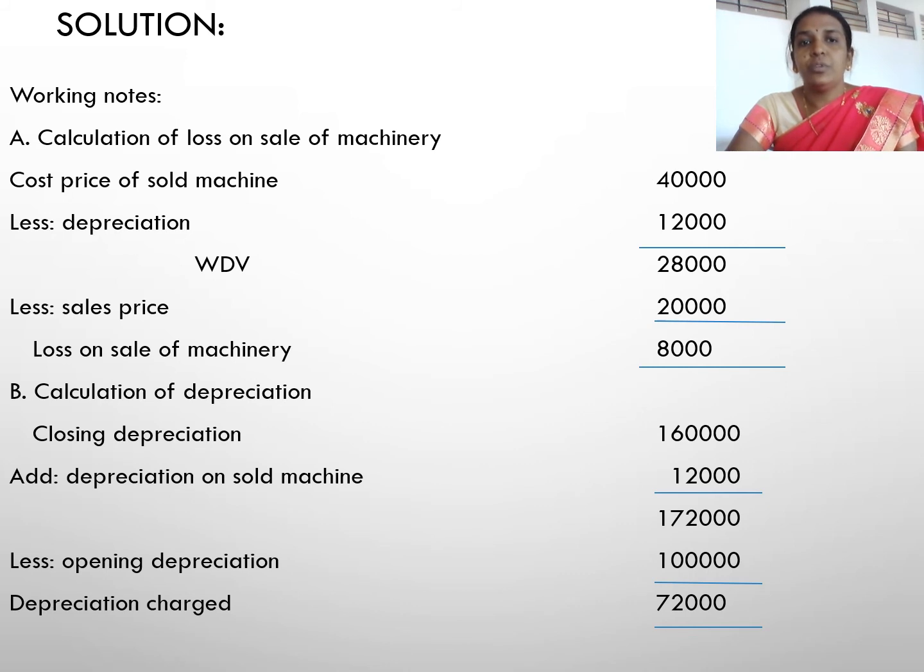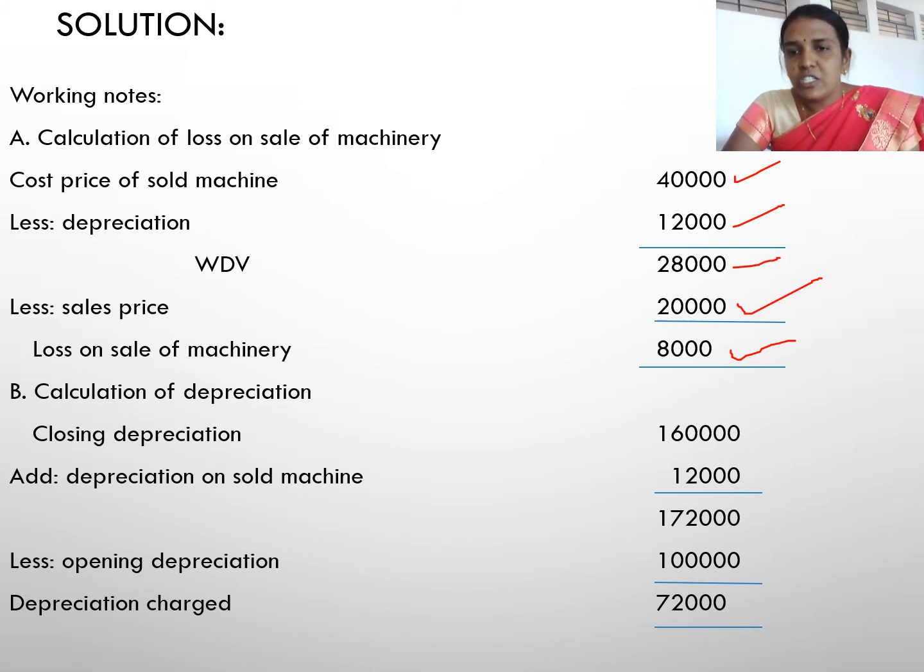Cost price of the sold machinery is 40,000 and the depreciation is rupees 12,000. So written down value will come to rupees 28,000. From that, if you deduct the sales price, the amount will come to rupees 8,000, which is a loss on sale of machinery.